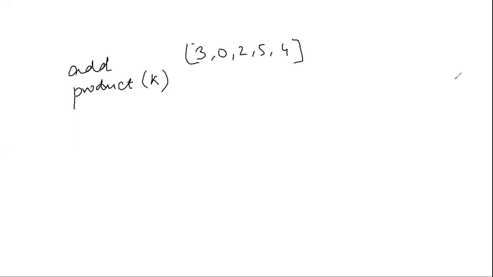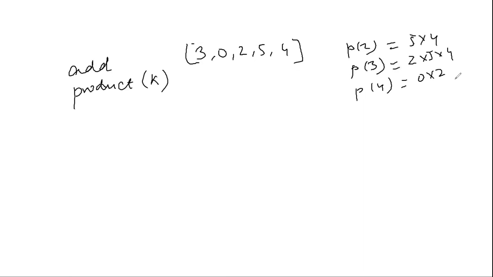So if product 2 we are looking at, let's call it P2. In this particular case, P2 will be 5 into 4, P3 will be 2 into 5 into 4, P4 will be things like 0 because we already calculated 0 into 2 into 5 into 4, things like that.